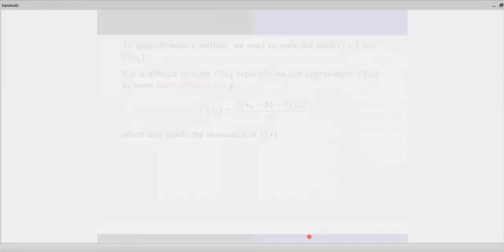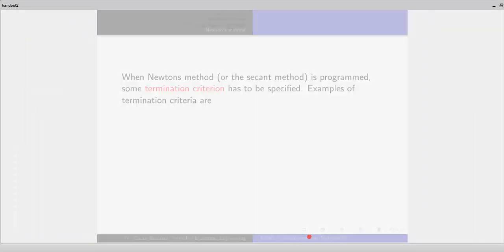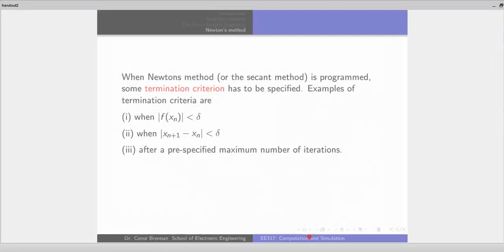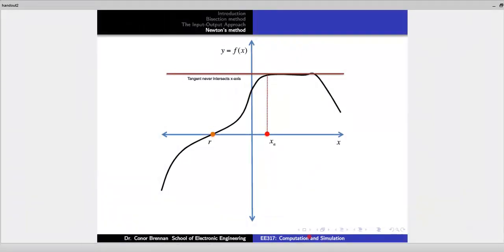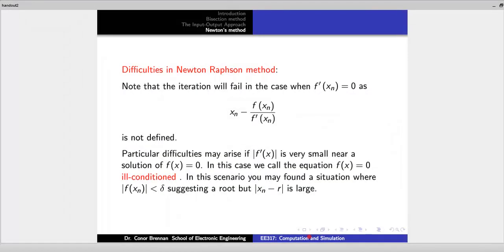So geometrically, graphically, let's have a quick look at what that does. Here is the situation.